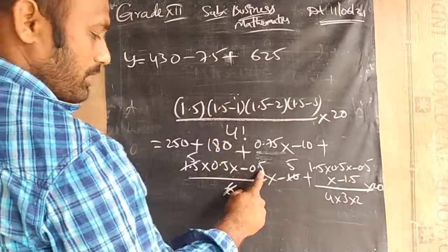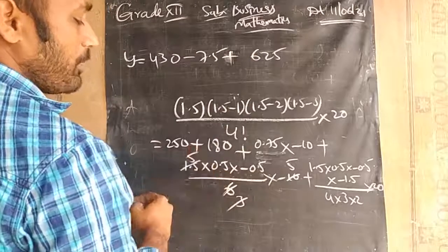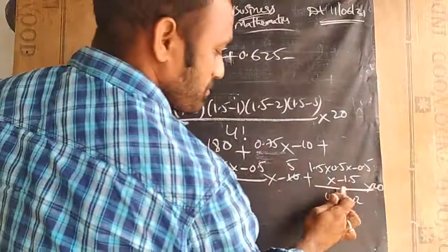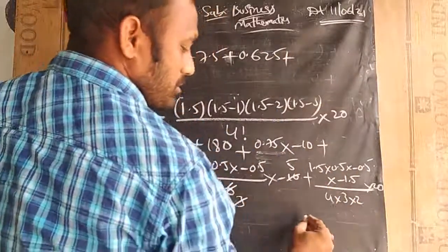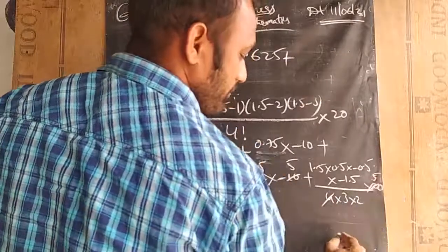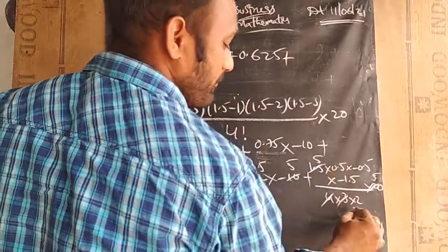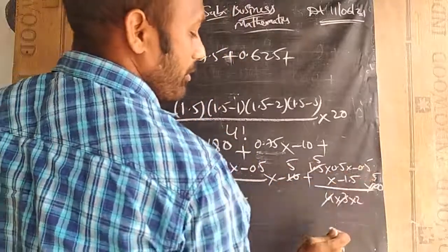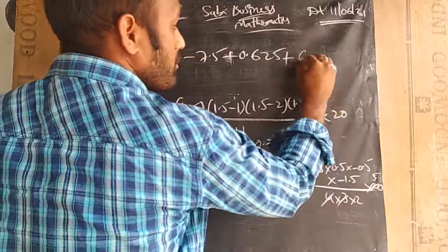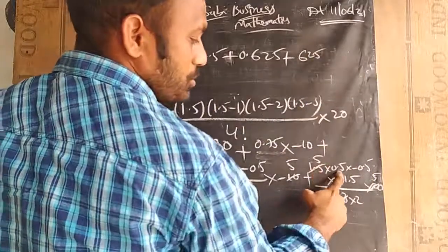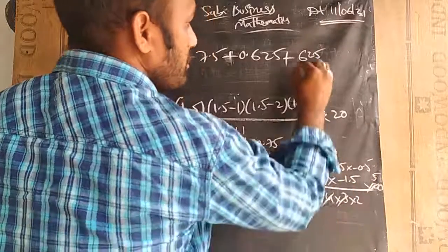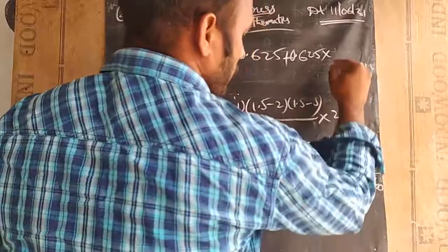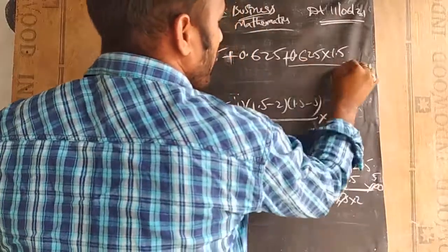So 1, 2, 3 digits before the point, so 0.625. Minus into minus is plus. So 4 fives are 20, 3 fives are 15, by 2. So 5 to the power 4 is 625. 0.625 into, here we have another 1.5, so we can write it as 1.5 divided by 2.